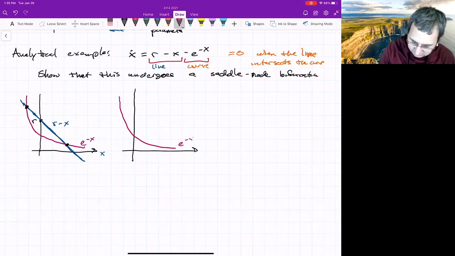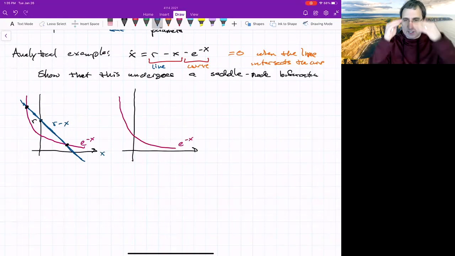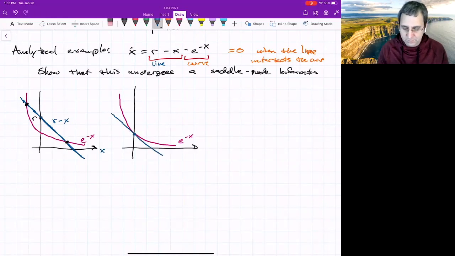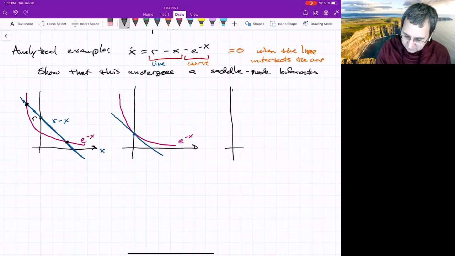I probably didn't draw it exactly the same. But as I decrease r, it will intersect at exactly one point, and then if I decrease r further, it'll intersect at no points.